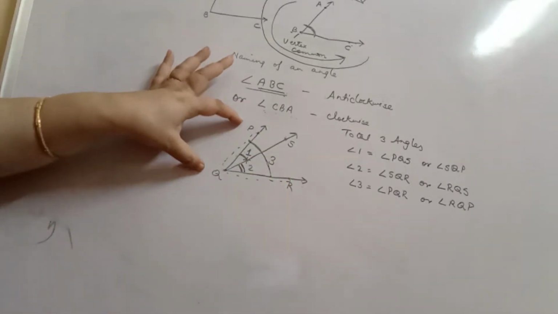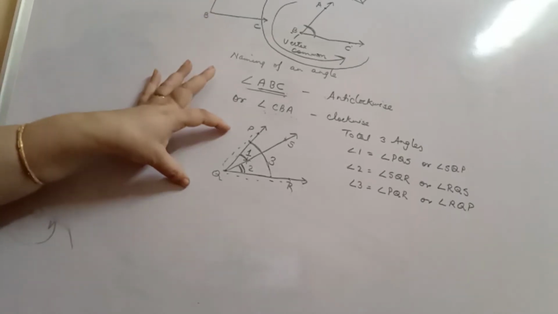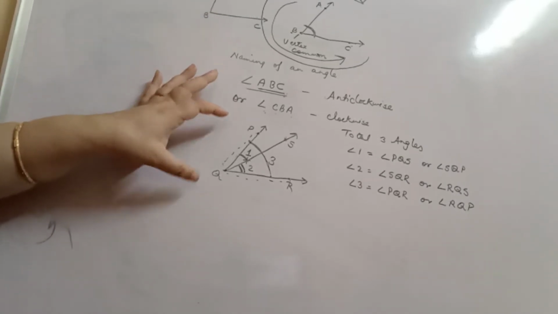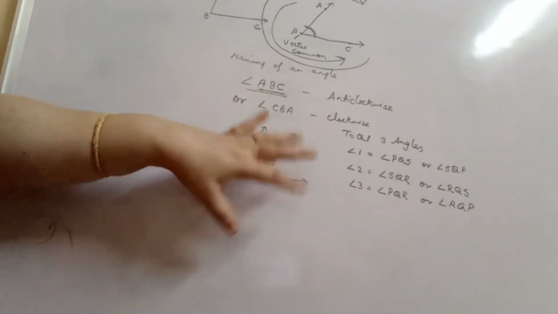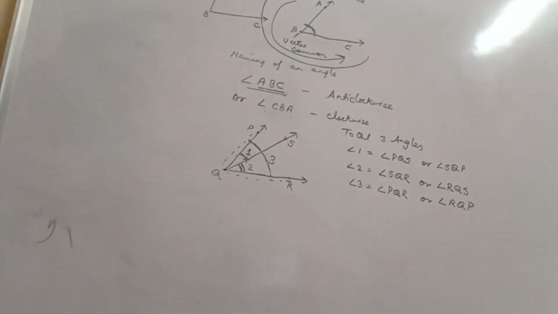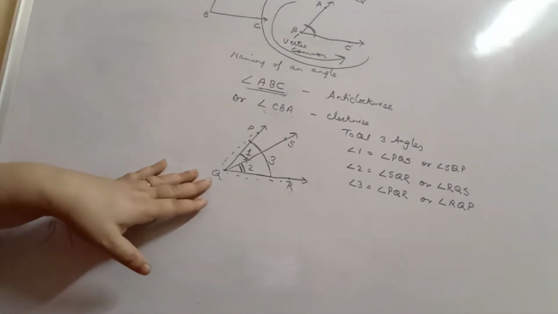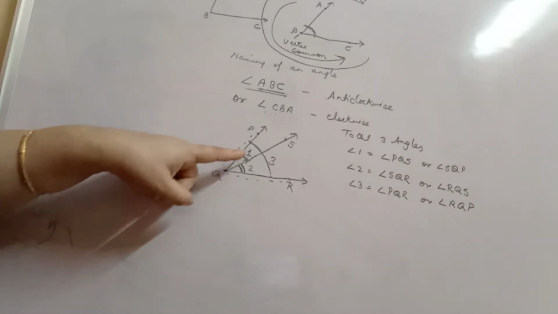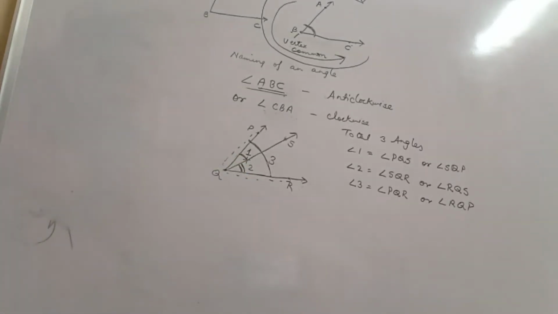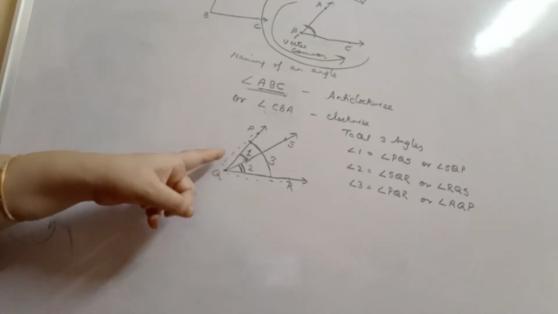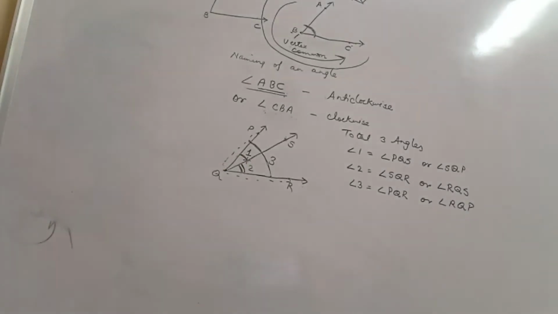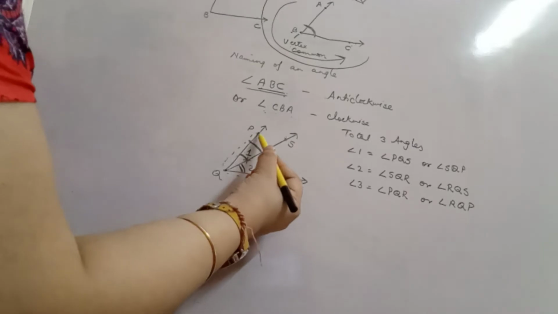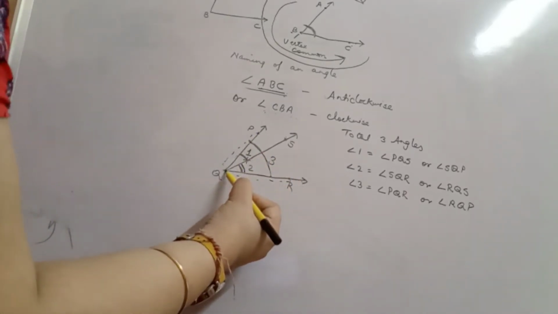So always remember, when any figure in your book is giving this kind of figure, you must name the angle correctly, because if you do it wrong, you won't be able to move further.